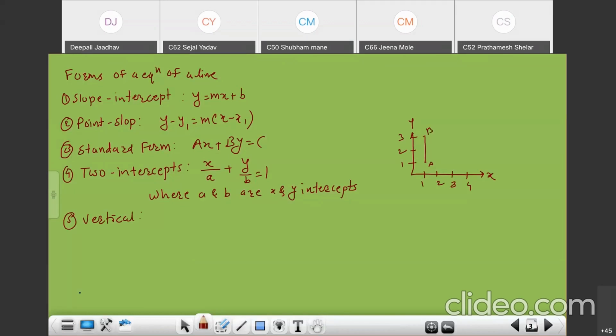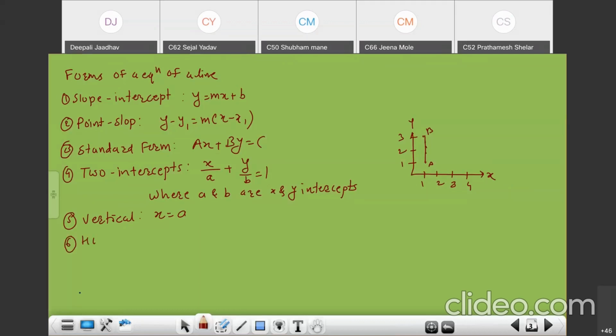If a line is vertical, then the value of x is always the same. All points on the x coordinate have the same value a. So x is equal to a indicates that the line is a vertical line.